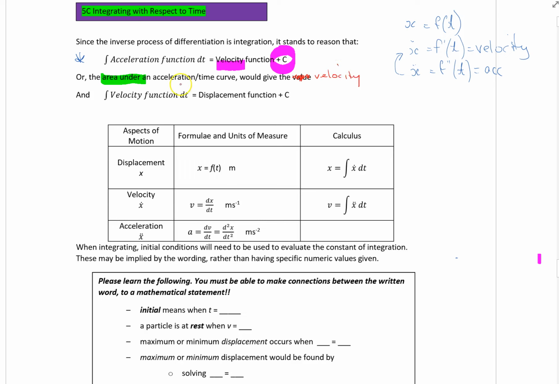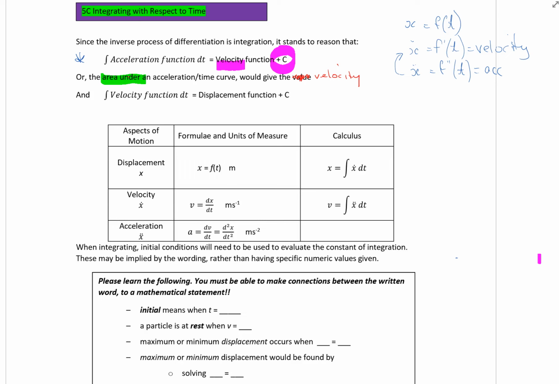The area under the acceleration curve, because that is what integration does, gives us the area under a curve, would give you the velocity. So obviously it's a definite integral. We will have definite starting point, definite finishing point, which would enable us to visualize graphically the area under the curve from a starting point to a finishing point.